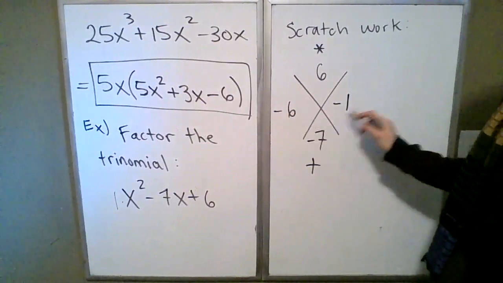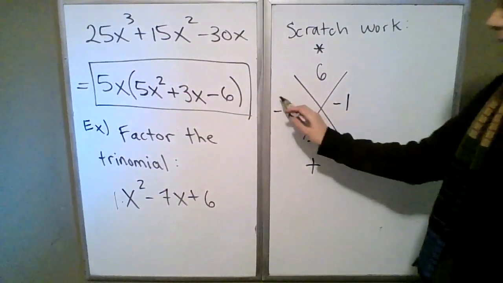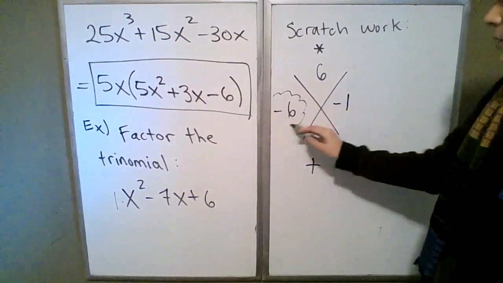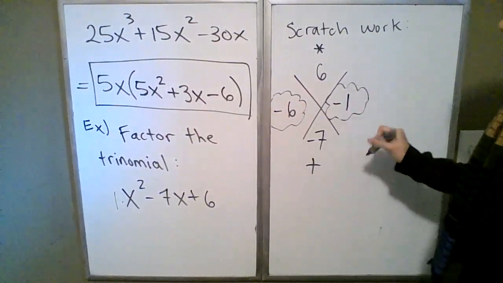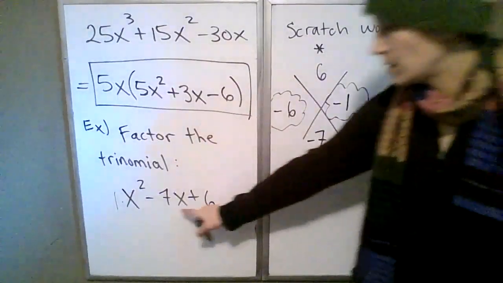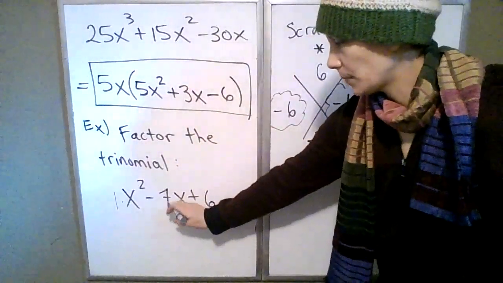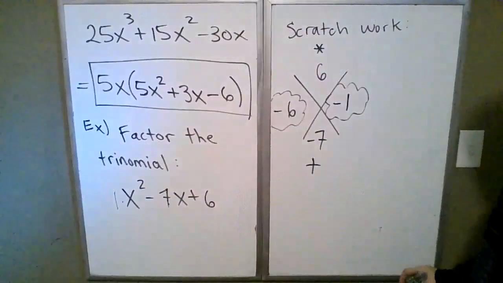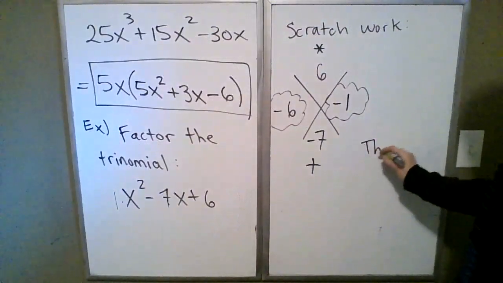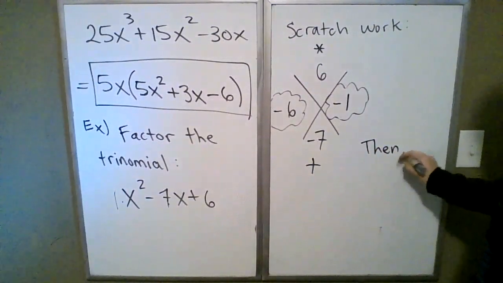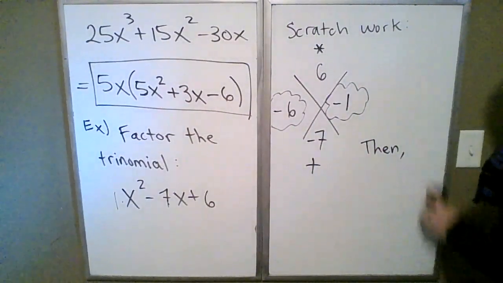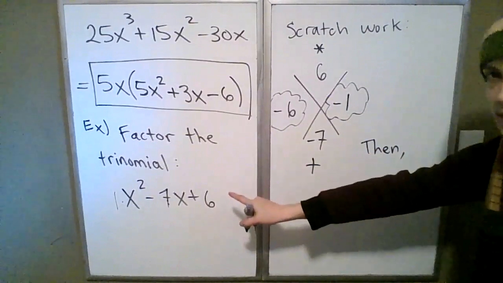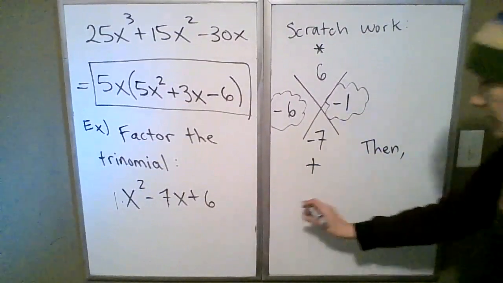So when I found the correct guess, I'm going to use the sides to rewrite the middle term right here. Our problem was x squared minus 7x plus 6.